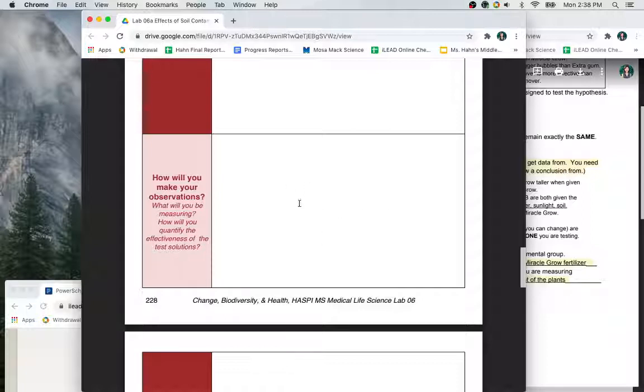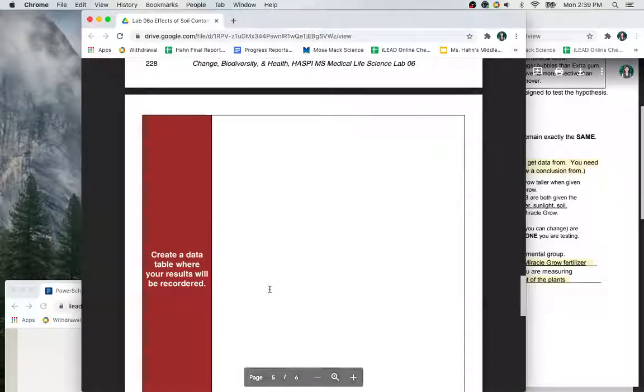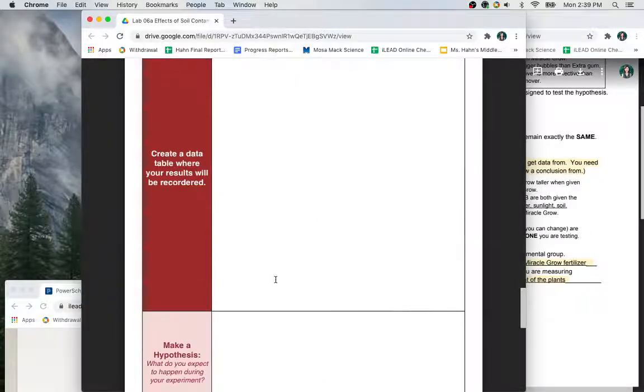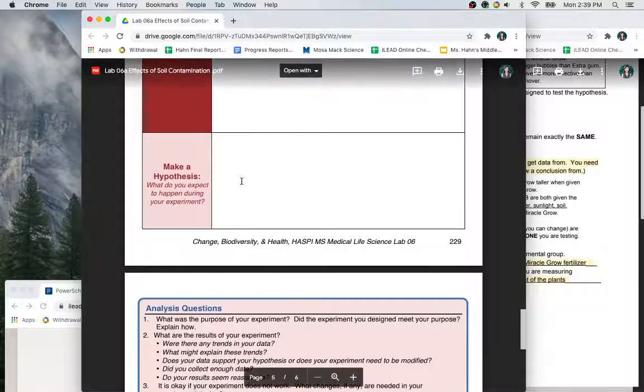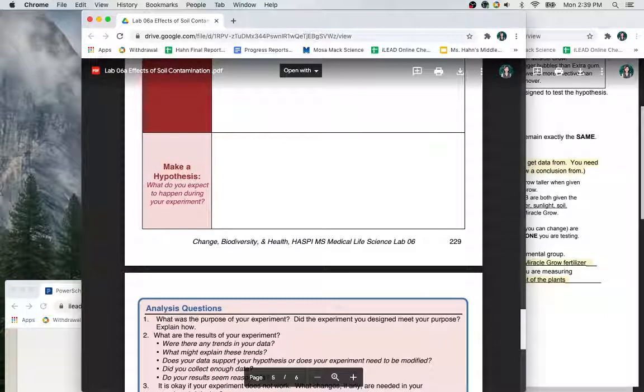Number of seedlings, the height of the grass, the appearance of the grass, the color, that kind of thing. And then you're going to create a data table to record that. And I would like you to make a hypothesis. What do you think is going to happen to your plants?